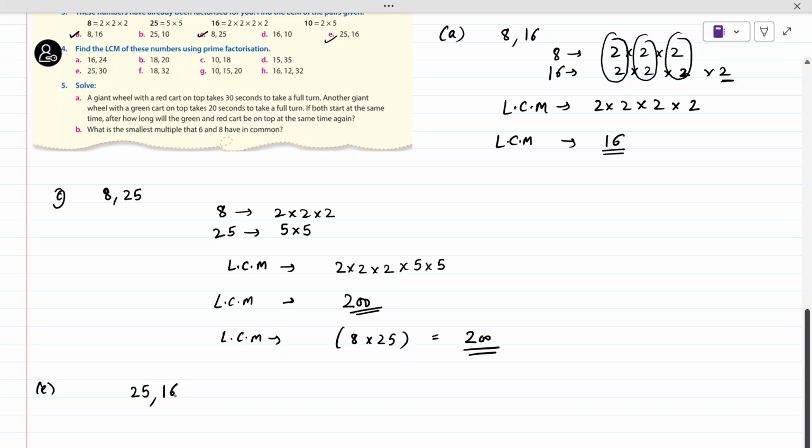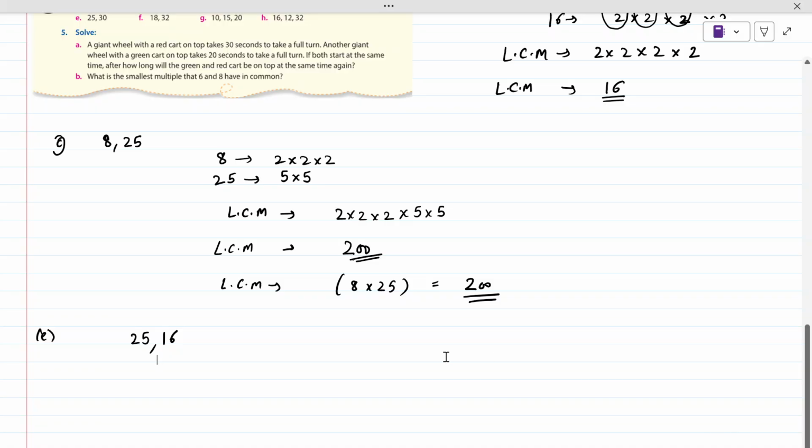There is no such number. So 25 and 16 are not coming in any table together. So we can simply write the LCM of these two numbers as the product of these two numbers, which is 400.